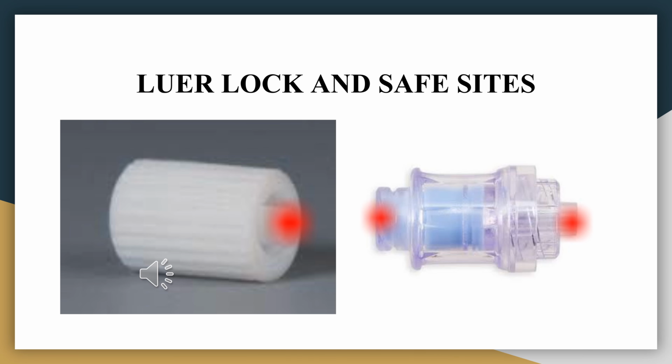Here you can see the key part in luer lock and safe side, which is spotted as red. These are all the key parts in a three-way stopcock, which is spotted as red.